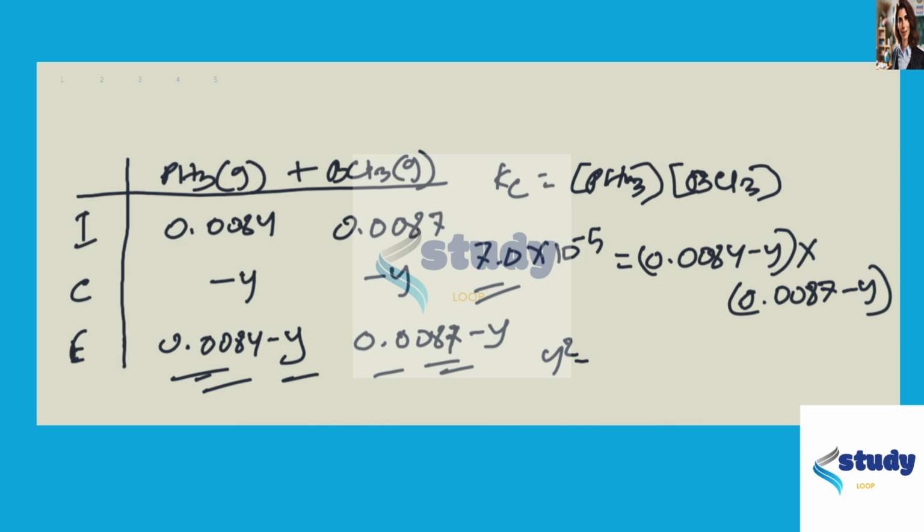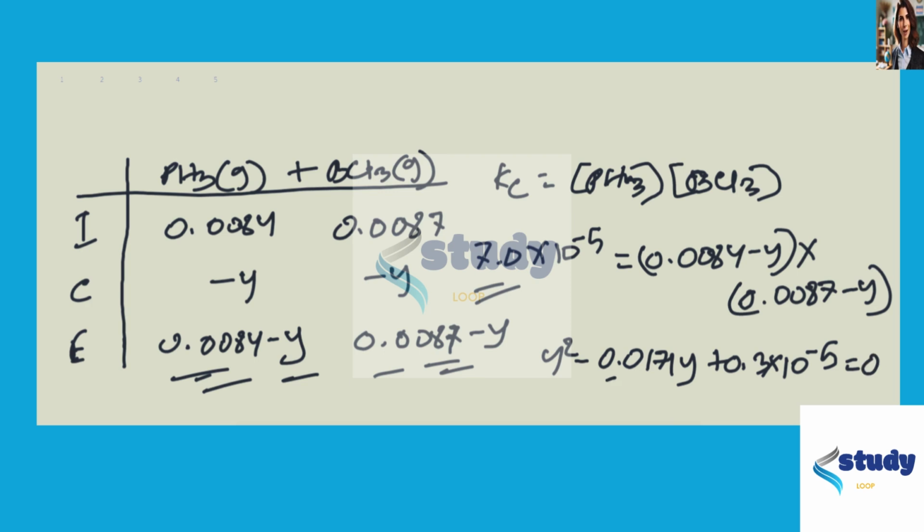If we rearrange this, it will take a quadratic form of y square minus 0.01711 y plus 0.3 times 10 to the minus 5, equal to 0.